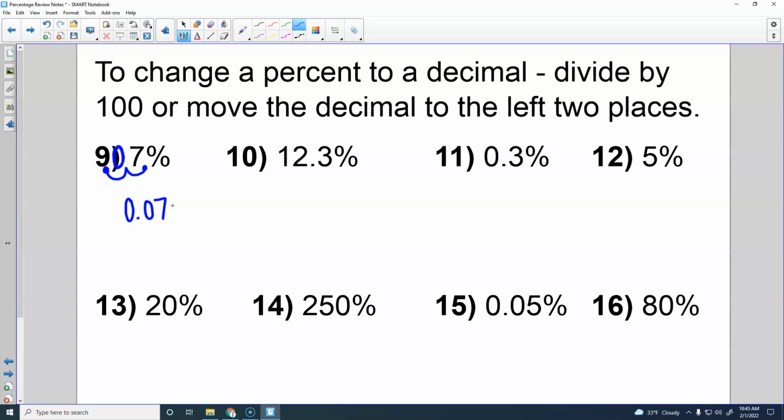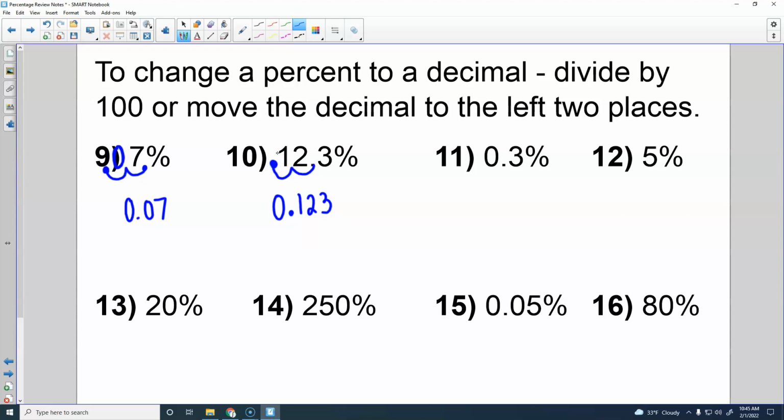All right, so Zach, what would you get for number 10? Very good. So 0.123, you're just moving that decimal 2 places to the left.